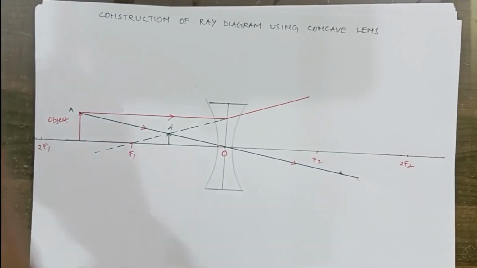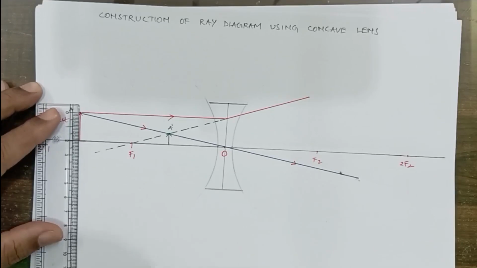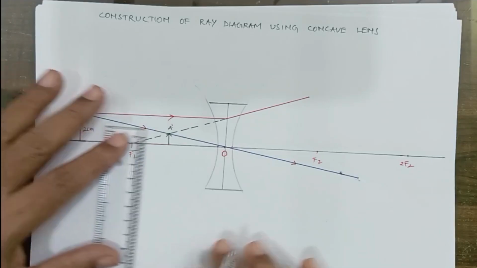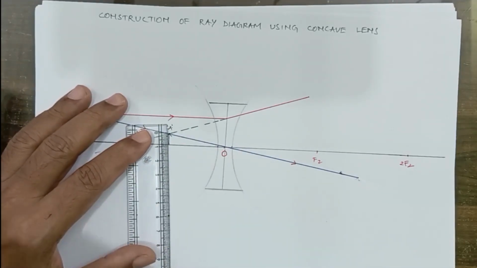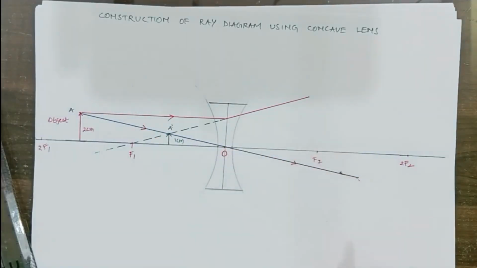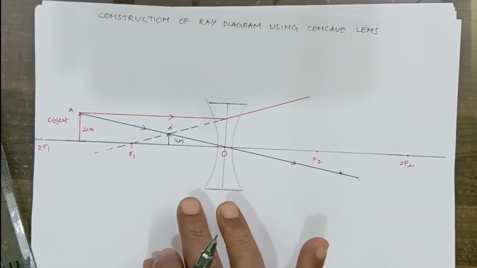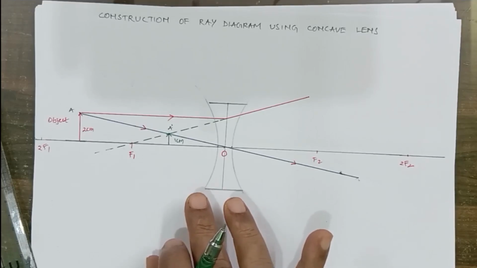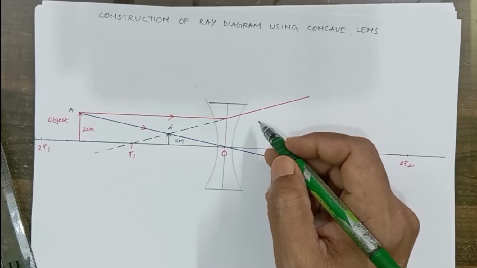If you observe the size of the object, it is approximately 2 centimeters long, whereas the image is approximately 1 centimeter. Another point to note is that here the image is erect and virtual. There is no real intersection of refracted rays.